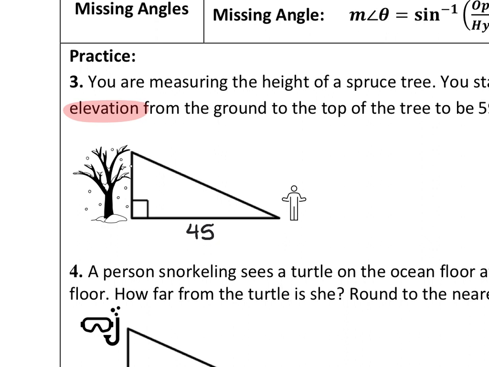It also tells me that the angle of elevation from the ground to the top of the tree is 59 degrees. Where do I put 59 degrees? To the top. Okay, but from where to where? From the ground to the top of the tree, right? So I'm putting that angle of elevation here, from the ground to the top of the tree.